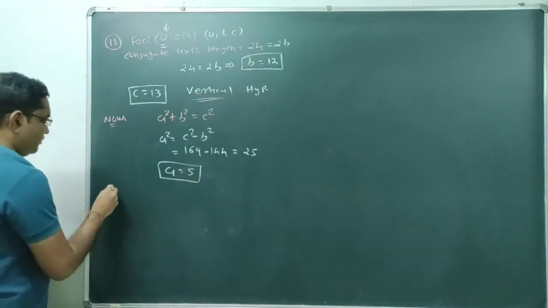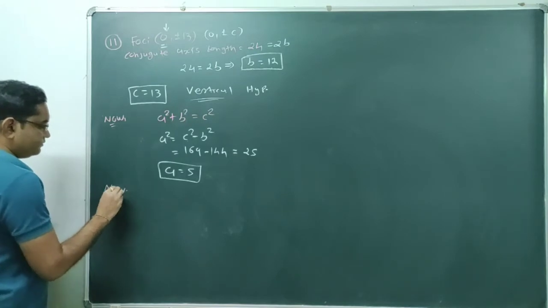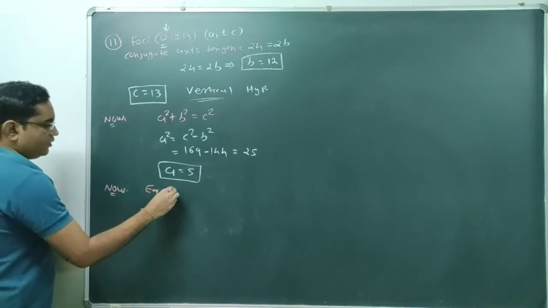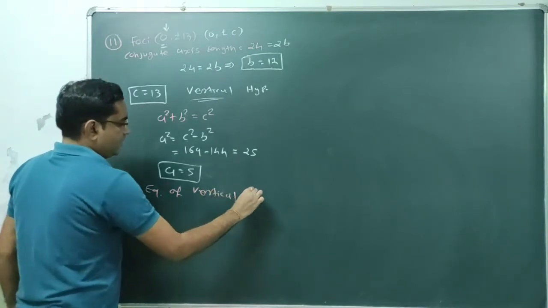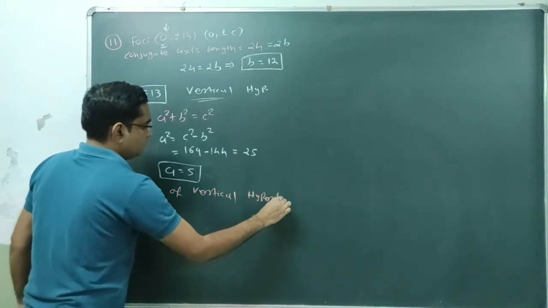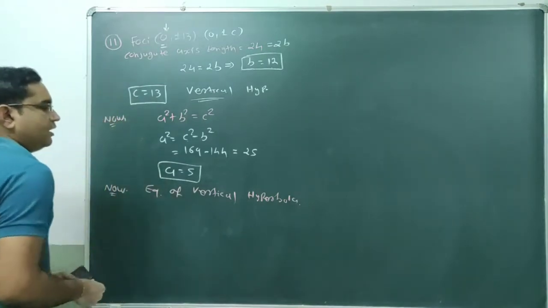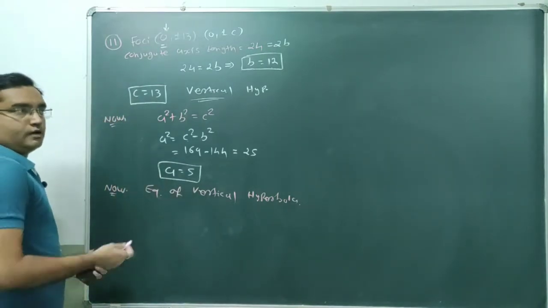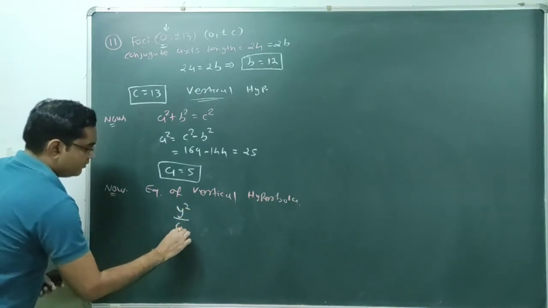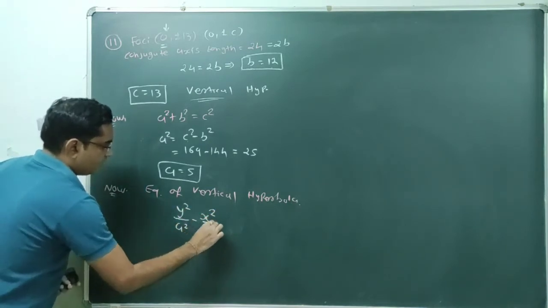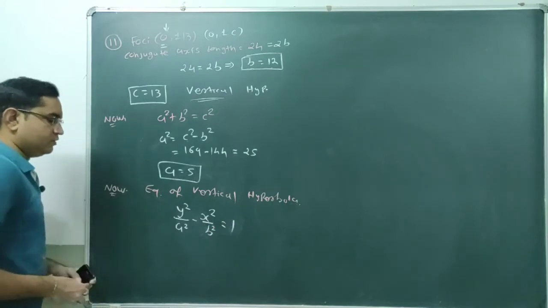So what is the equation of a vertical hyperbola? The transverse axis is the y axis, so the coefficient of y square will be positive: y square by a square minus x square by b square equals 1. Put the values.